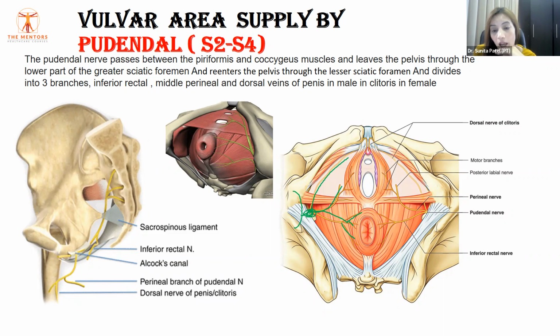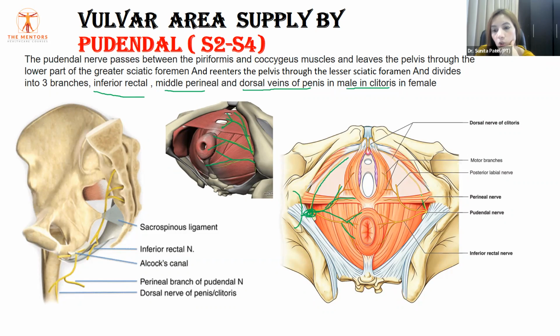Okay. And this is a muscle which is going to supply the perineal body. So in this, you can see fibers going downwards, and the muscles will go around this whole anus. These muscle fibers go around the urethra and vagina also. So there will be three branches: inferior rectal, middle perineal, and dorsal nerve of the penis in male and clitoris in female.